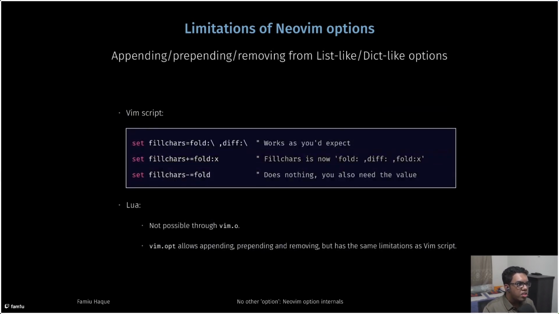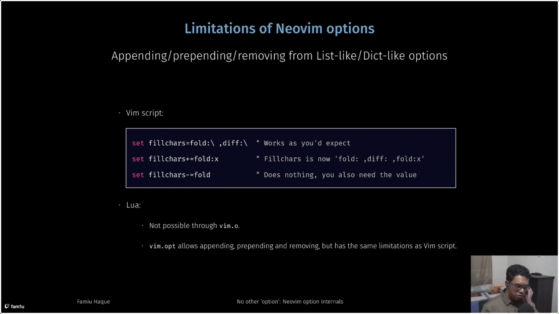All right. Now let's talk more about list-like and dict-like options. I'll talk about functions in the next slide, I think, or the slide after that. Anyway, in Vim script, when you want to append, prepend, or remove from a list-like or dict-like option, you do it like this. Let's say you have a value of fillchars set here, and then you want to add a value like this. The first line works as you would expect.